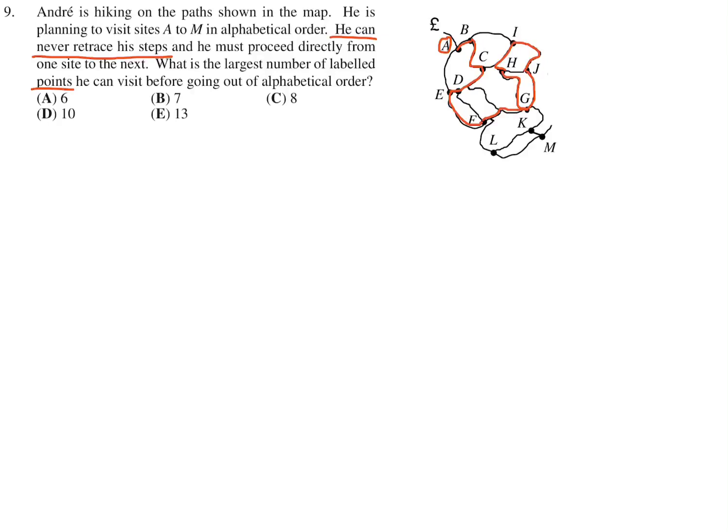So that's not allowed. So he can only get to J. So how many points is that? A to J, 1, 2, 3, 4, 5, 6, 7, 8, 9, 10. J is the 10th point. So 10 points is how far he can get before going out of alphabetical order or before retracing his steps. So the answer would be D for number 9.